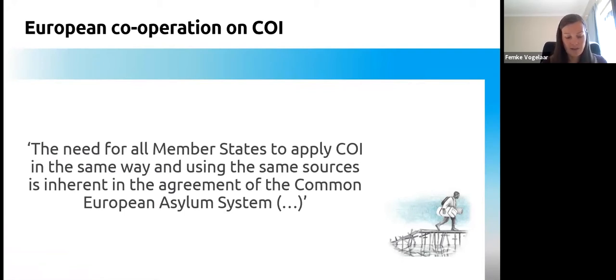I will first discuss the evolution of EU practical cooperation on COI, and I will go into the provisions in the current legal framework for harmonization of the application of COI. And finally, I will discuss the shortcomings of this framework and my suggestions for a more solid basis for achieving a more systematic and uniform approach to COI in all EU member states.